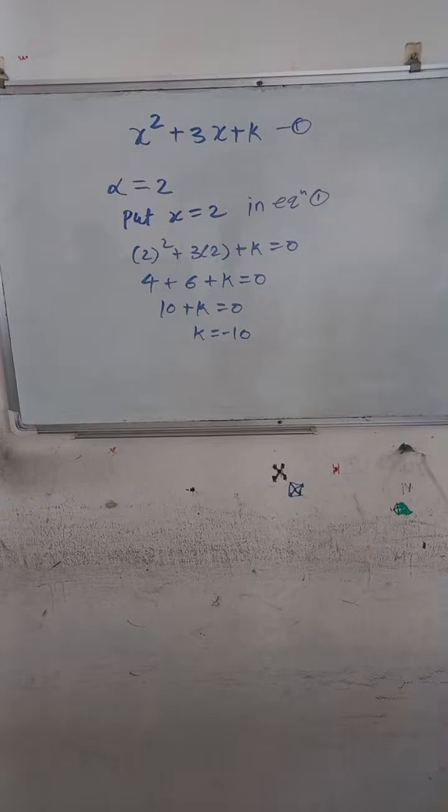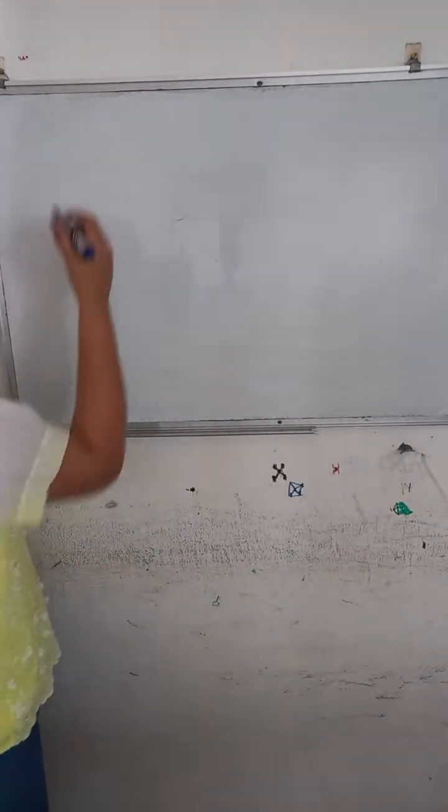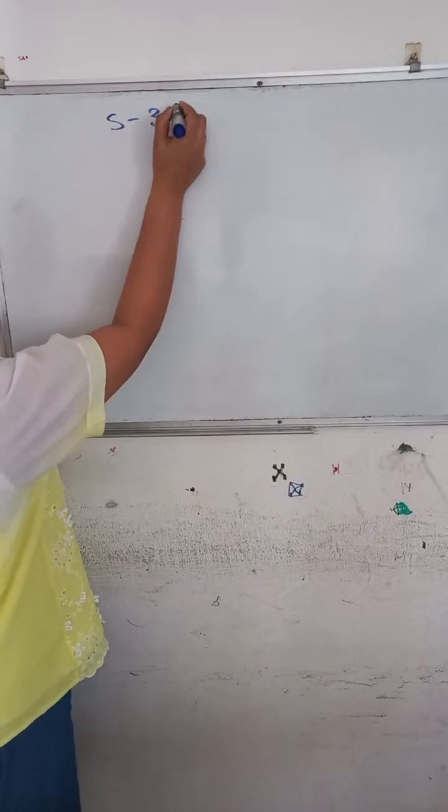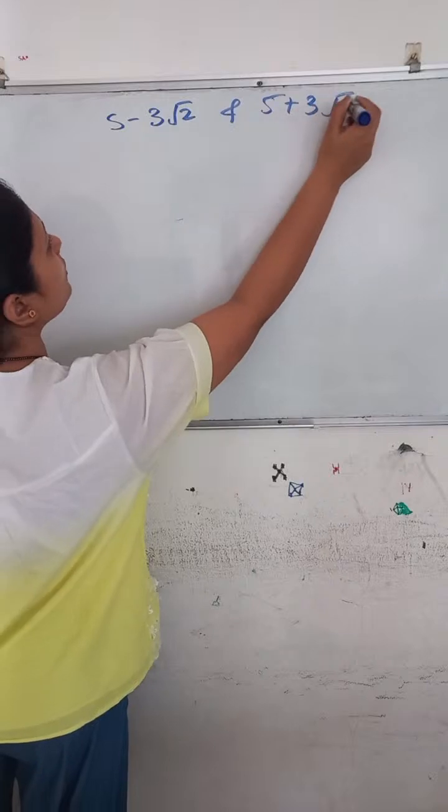They are saying find the quadratic polynomial where zeros are 5 minus 3 root 2 and 5 plus 3 root 2.